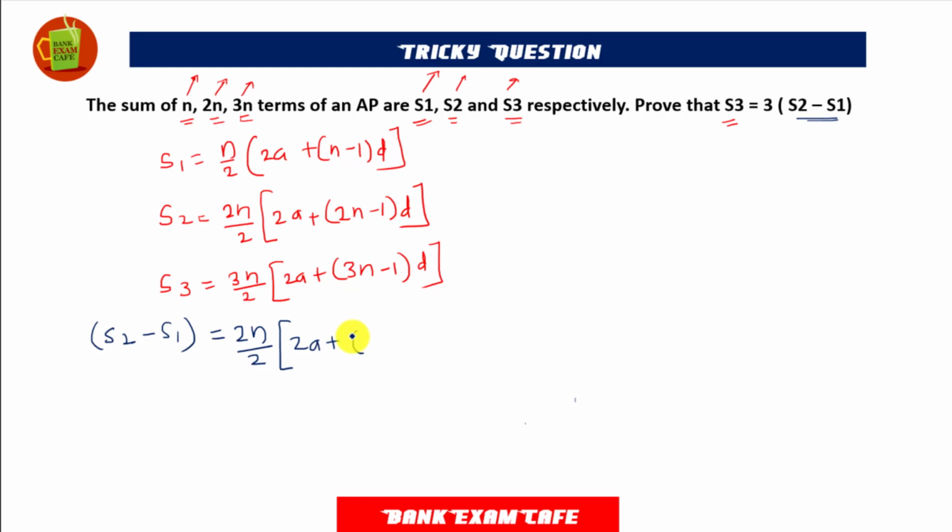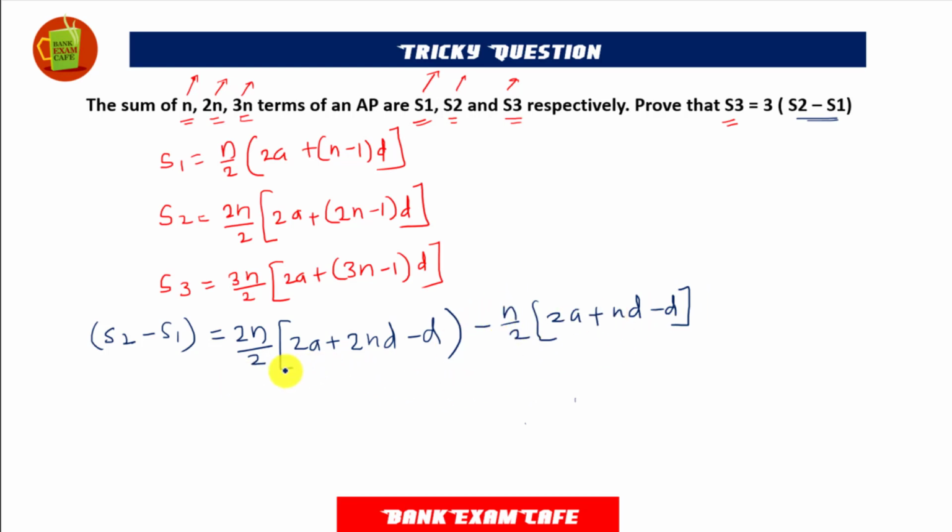So it will be 2nd minus d. Okay, now minus this, so it will be minus n by 2 into bracket 2a plus nd minus d, multiplying d inside the bracket.